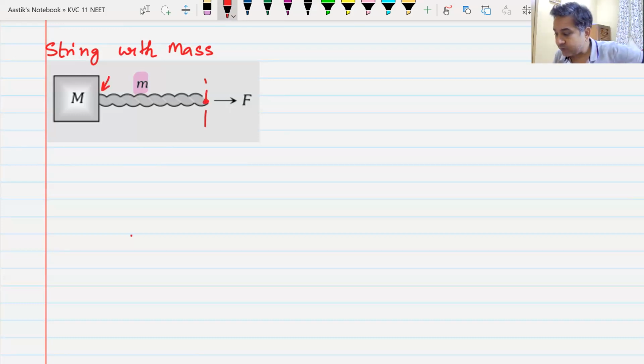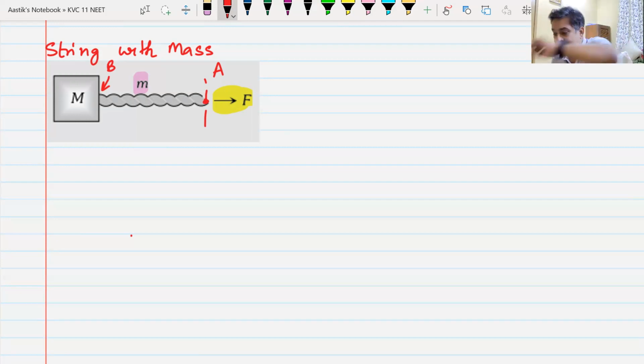Yes or no? Now, I call this end as end A and I call this end as end B. If I apply the force F at end A, the tension at end A would be equal to F. Do we understand this?